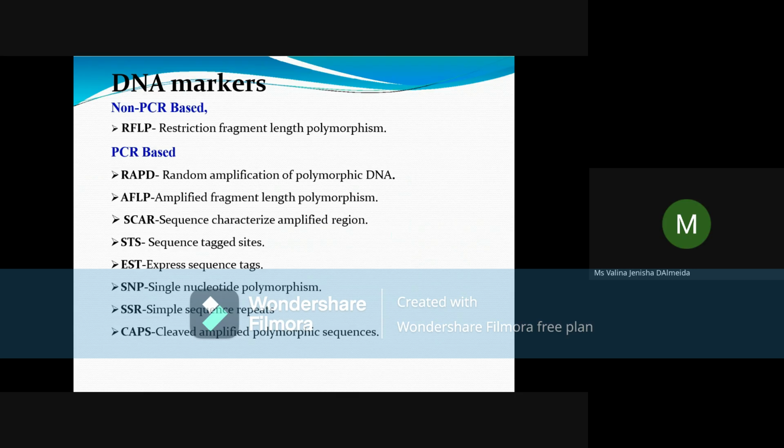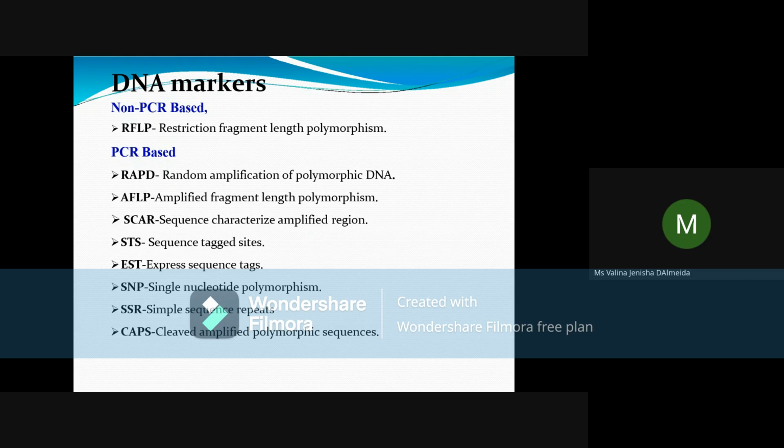The second ones are the AFLP and RAPD. The AFLP and RAPD are PCR techniques. These have PCR involved with the technique. Now see the DNA markers, we have non-PCR based and PCR based. Non-PCR based is the RFLP technique. So RFLP is nothing but restriction fragment length polymorphism.